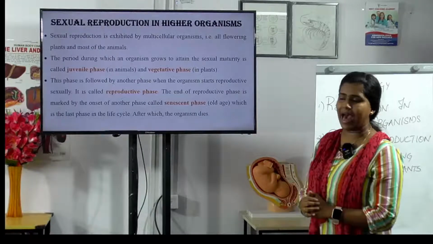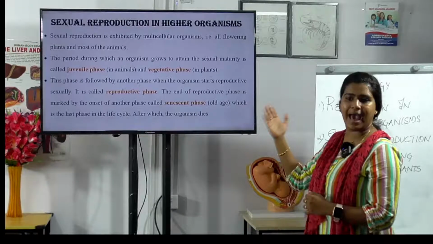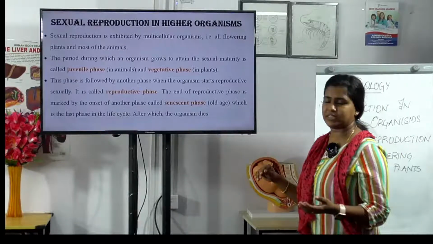This phase is followed by another phase when an organism starts reproducing sexually. It is called the reproductive phase, and the end of the reproductive phase is another phase called the senescent phase, that is the old age phase, which is the last phase of the life cycle, and after that the organism dies. Now let us see the sexual reproduction in plants.